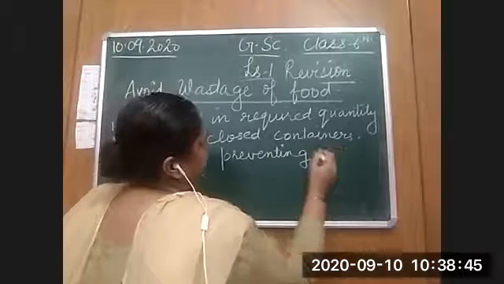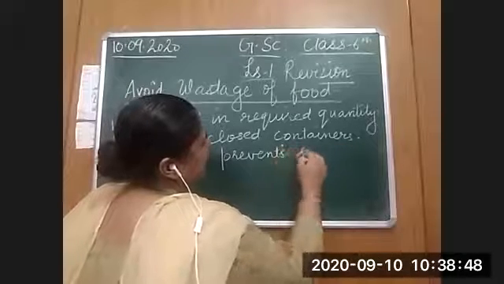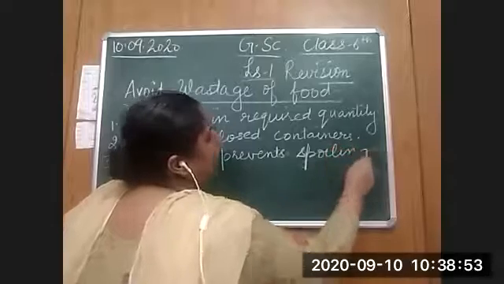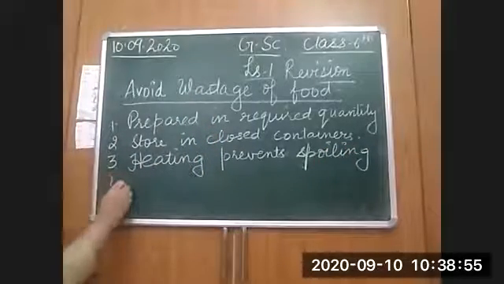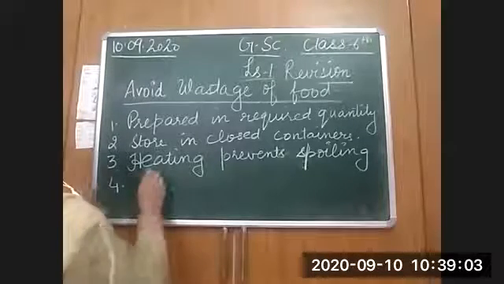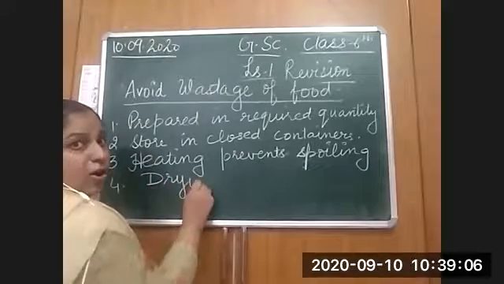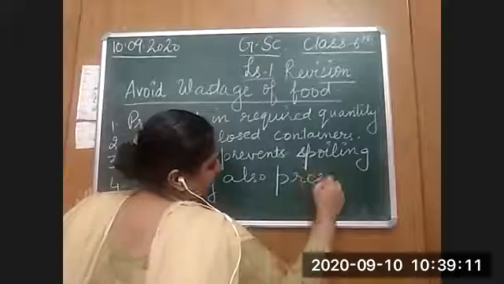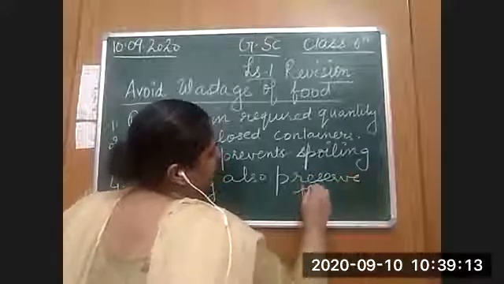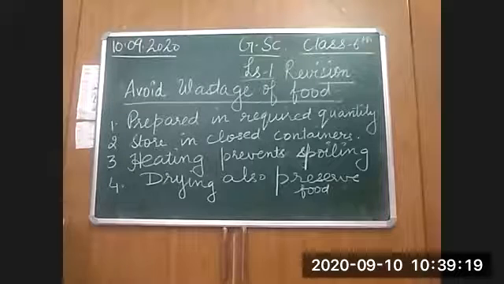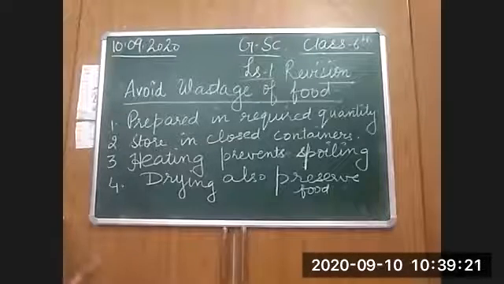Right? Then the next point is that certain food items can be preserved by drying. Drying also preserves food. Which food items can be preserved? Like pickles, papads. You can preserve such food items by drying.